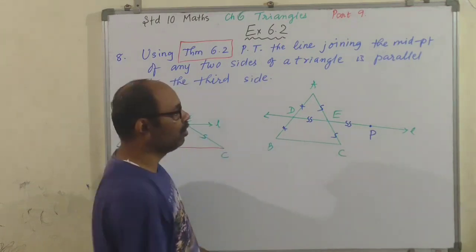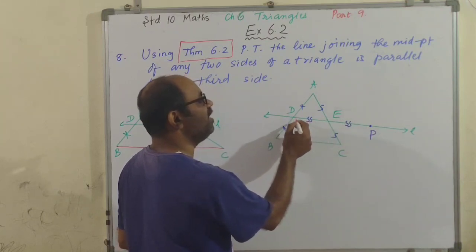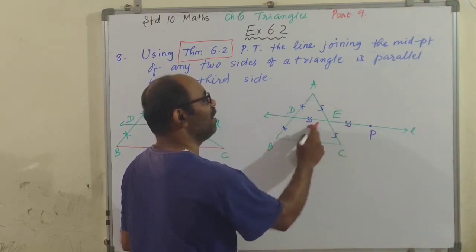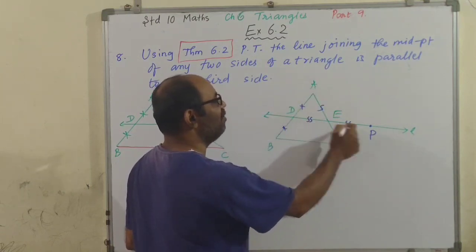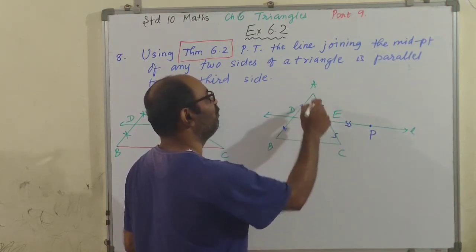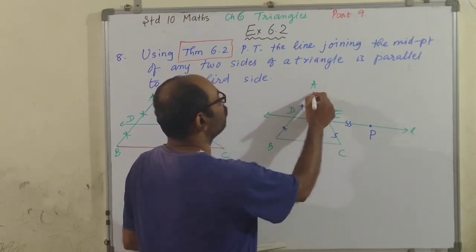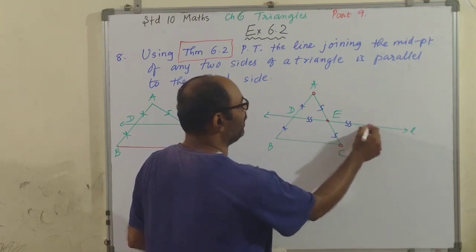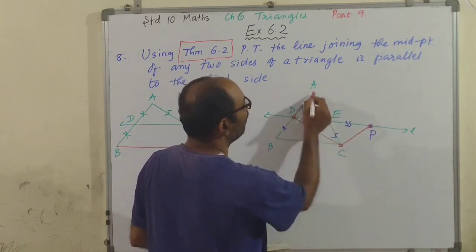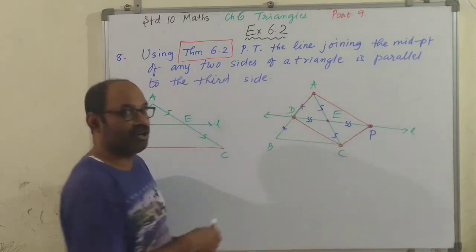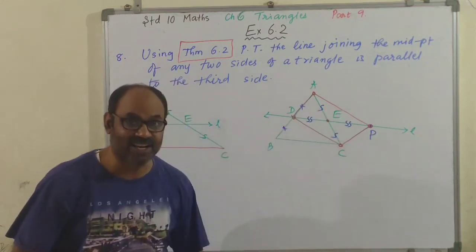Children, now look. AC and PD are bisecting each other. E is midpoint of AC and E is also midpoint of DP. So if you join A, C, D and P, you are getting a quadrilateral whose diagonals are bisecting each other.